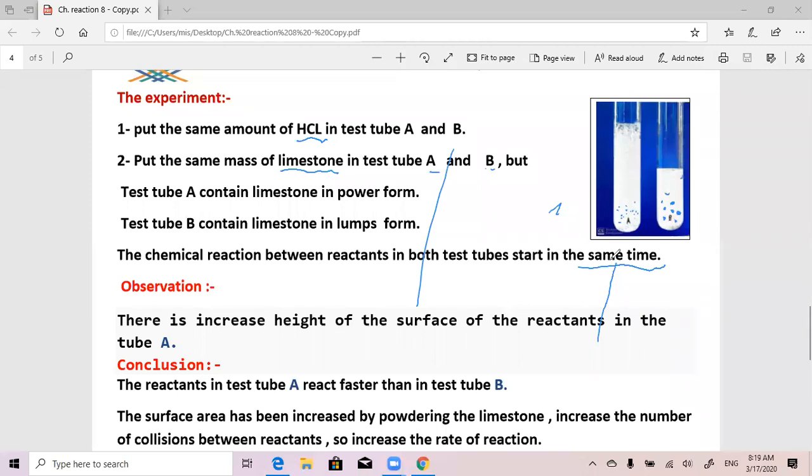The conclusion here is that the reactant in test tube A reacts faster than in test tube B. The surface area has been increased by powdering the limestone, increasing the number of collisions between reactants, so it increases the rate of reaction. Understand?